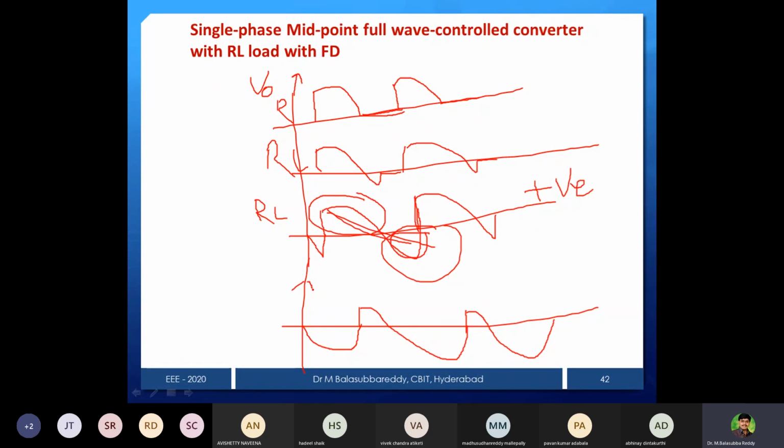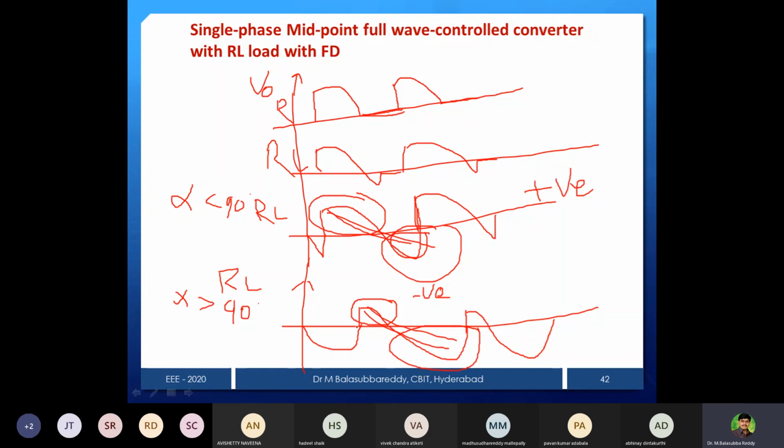This is the case of the same RL load only. This one is alpha less than 90 degrees, and this is alpha greater than 90 degrees. What is the difference you can notice here? During this period it is less positive, and this period is more negative. If I take the average of this, it will give a negative voltage.